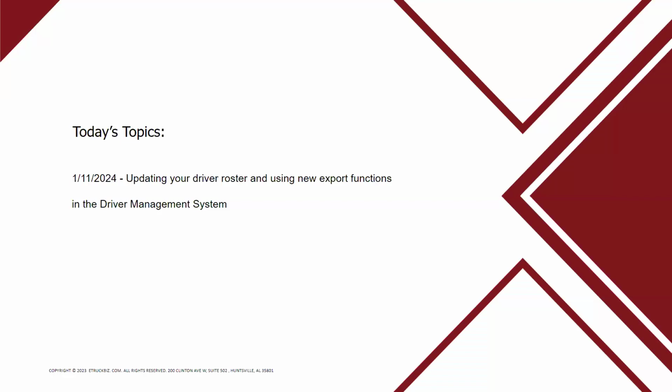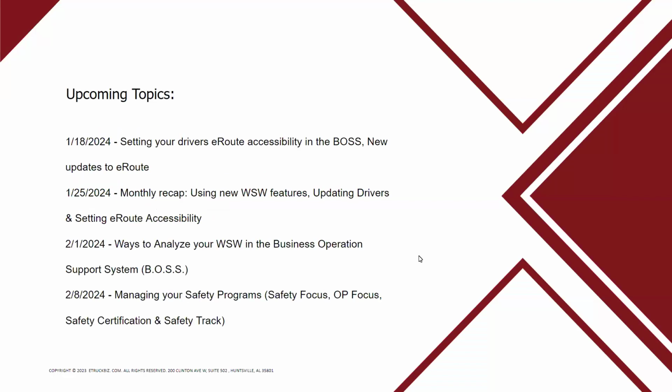So making sure that they're up to date, their name on their WSW is updated in there and good to go is very important. So that's why we decided that this part of the year, we'll go over this.